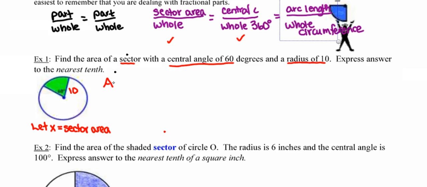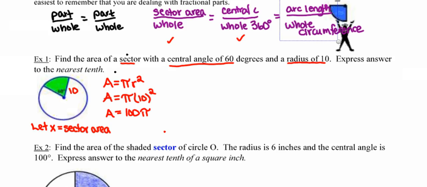So I know I can find the area of a whole circle by using that formula that you've been using since middle school. I'm going to substitute in the 10 in place of the r. So the area of a whole circle whose radius is 10 is 100 pi square units.